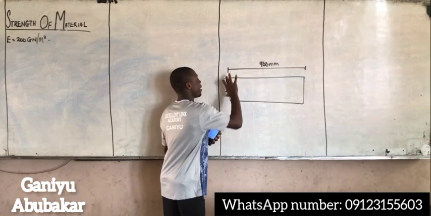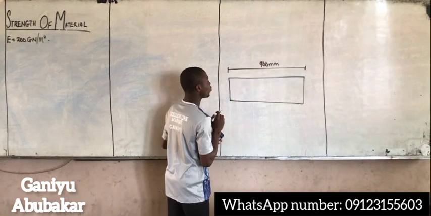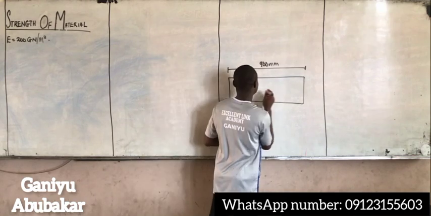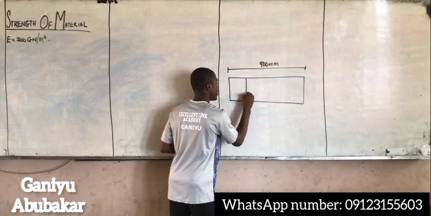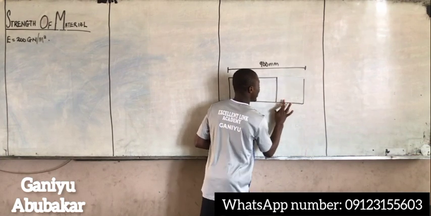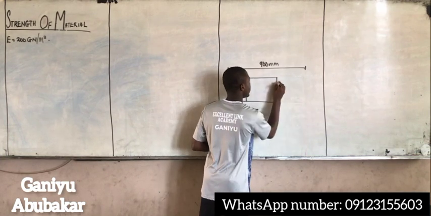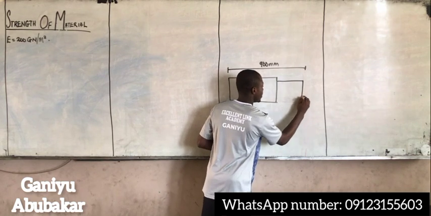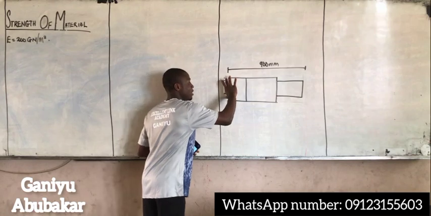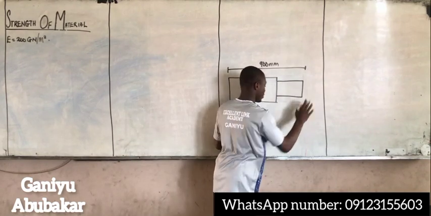Are they going to be at the same height? Obviously no. So let me say this is 40 here, and this is 30 here. For 30, the height will reduce, right? So this one is a diameter of 40, and this one a diameter of 30.